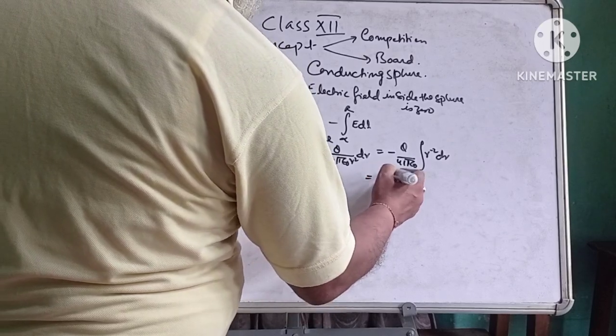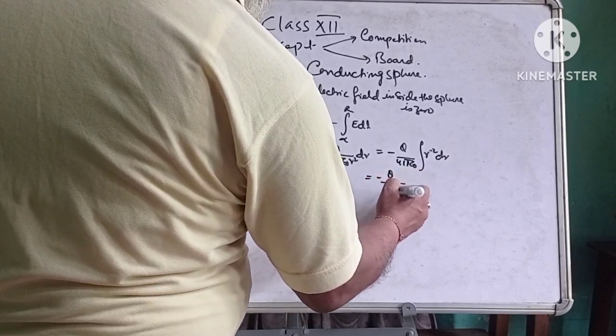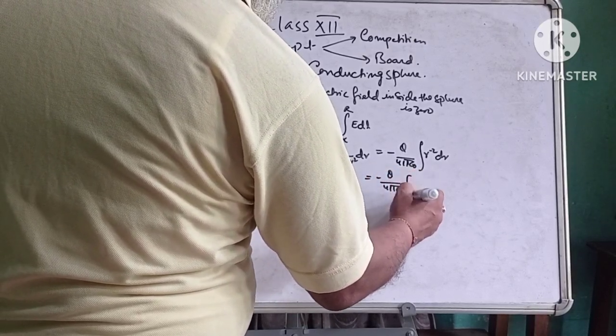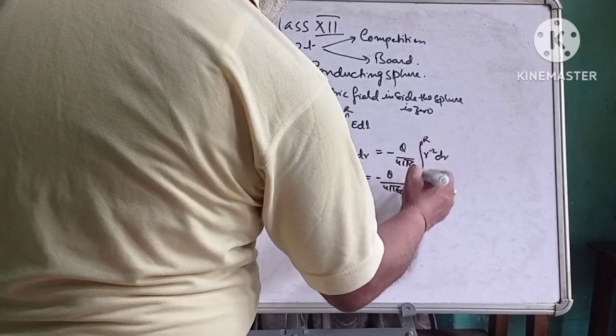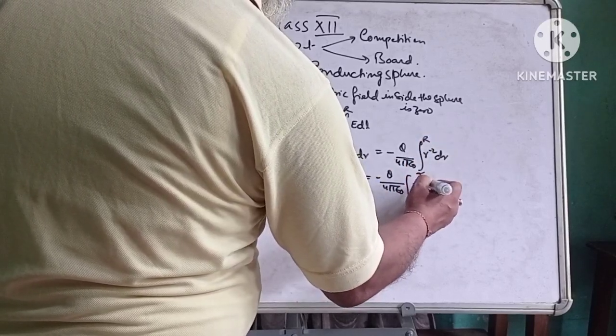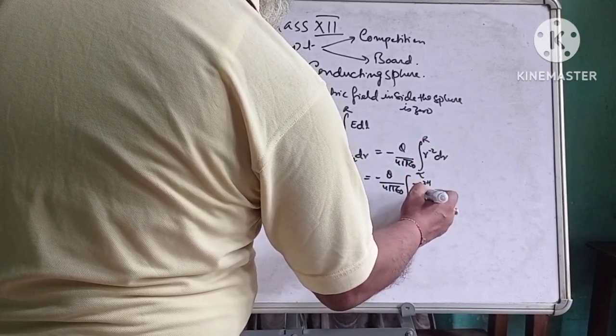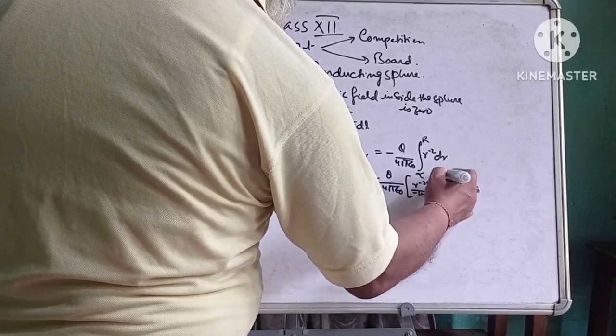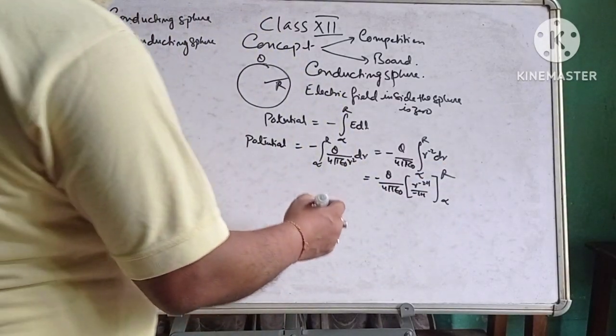So this will be minus q by 4 pi epsilon naught, infinity to r, of r to the power of minus 2 plus 1 by minus 2 plus 1. So what are you going to get?